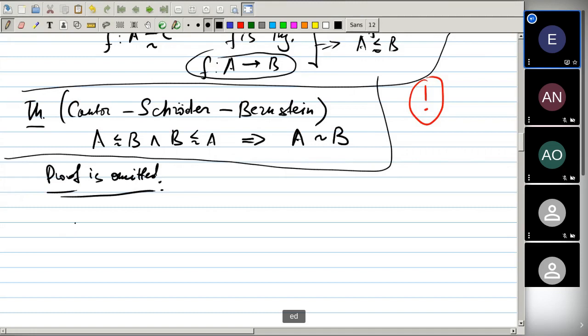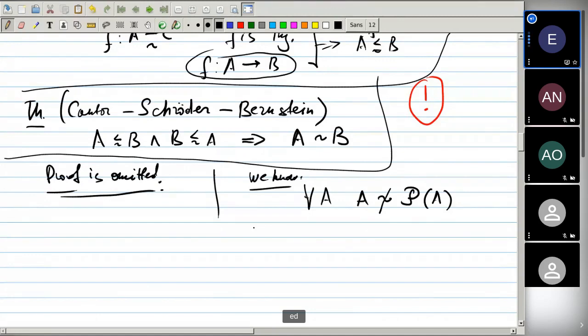Okay. Do you remember the fact that for every set, we should know it, every set A is not equivalent to the power set of A? Do you remember this fact? Yes. It is not possible to have a bijection between P of A and A for whatever set A. Aha!